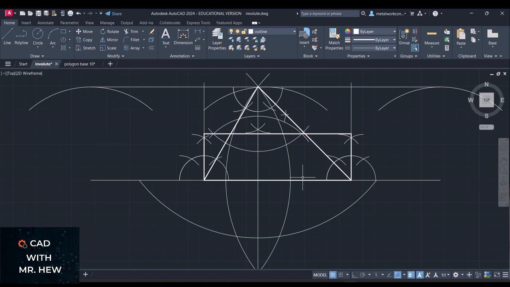Now the next step, remember, the purpose is to draw a square equal in area to a given triangle. But the first step is to draw a rectangle equal in area to the triangle. So if you look at it, what is common to both the triangle and the rectangle is this trapezium under here, yes?